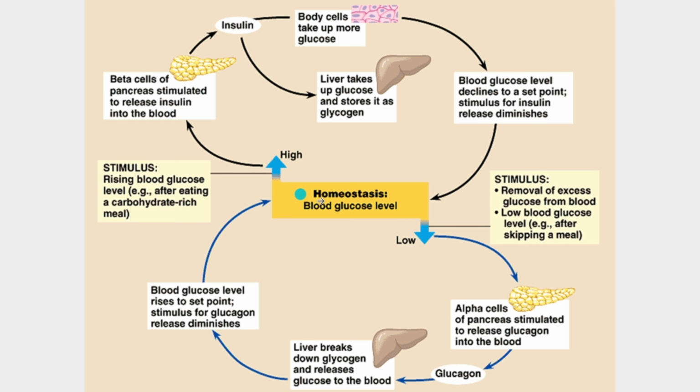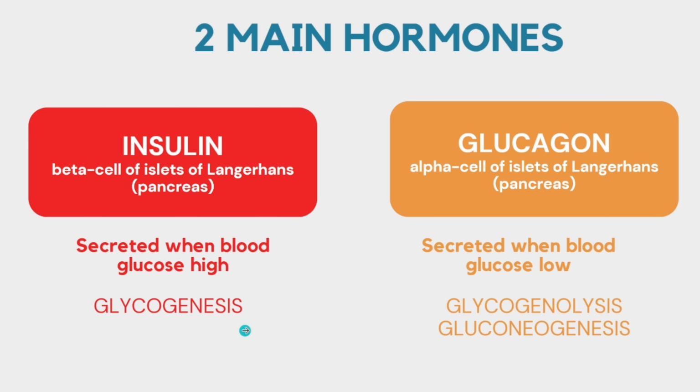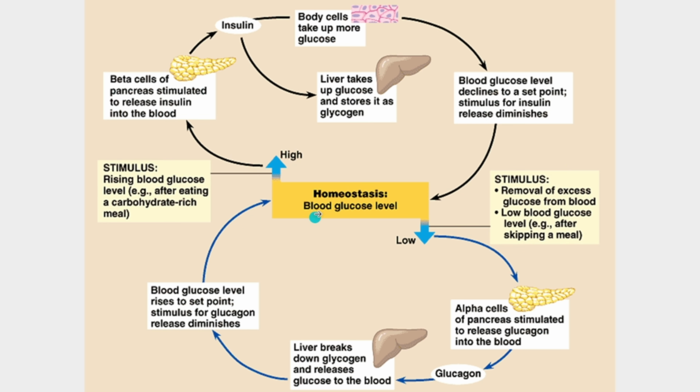Basically, when your blood glucose level is high, the beta cells of the islets of Langerhans in the pancreas are stimulated to secrete insulin. That insulin will play two major functions. One function is to be transported to the liver to receive the glucose and store it as glycogen, by glycogenesis.